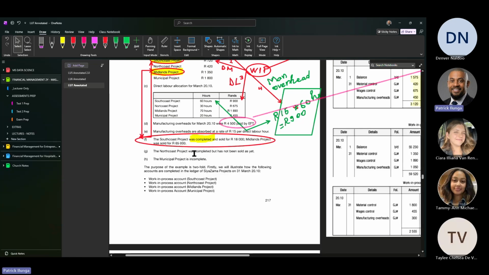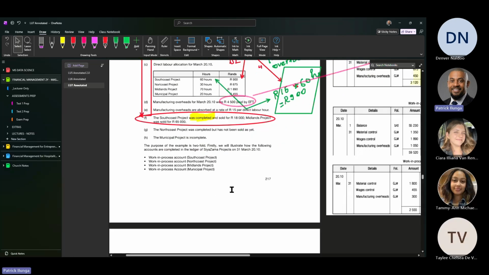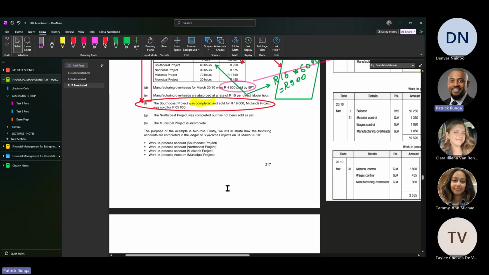And this one, the North Coast project, was completed, but it has not been sold as yet. Isn't that interesting? Oh, finance is beautiful, people.